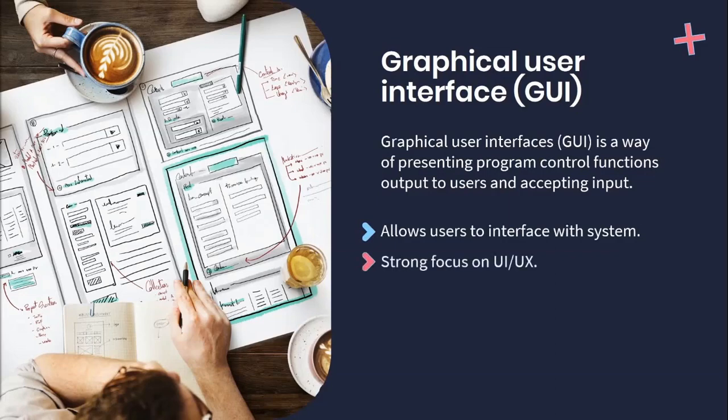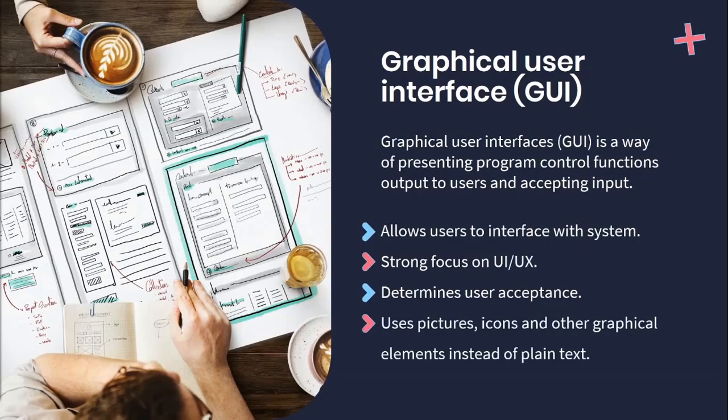A strong UX focus should always be core when it comes to development, because this determines whether or not a user wants to use your website. It also determines user acceptance. A couple of things you can take into consideration are the use of pictures, icons, and other graphical elements such as animations and transitions to make your website more appealing instead of just plain bland text.